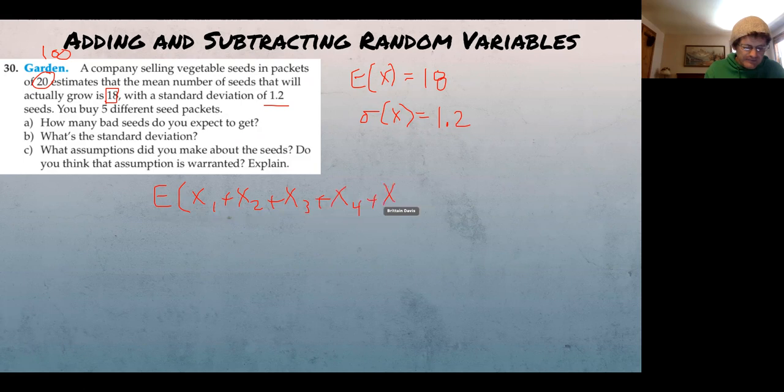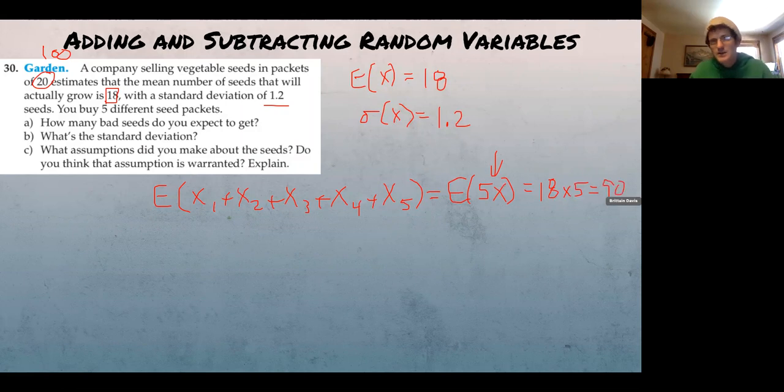I will say that that's kind of redundant to write. You could just do the expected value of 5 times x as long as you understand that we're repeating this 5 times. In practice, this doesn't make a big difference. It's just going to be 18 times 5, which is 90. We would expect 90 good seeds, so therefore 10 bad seeds.